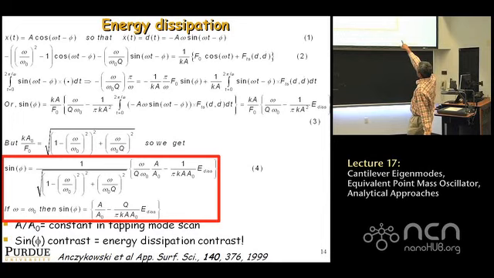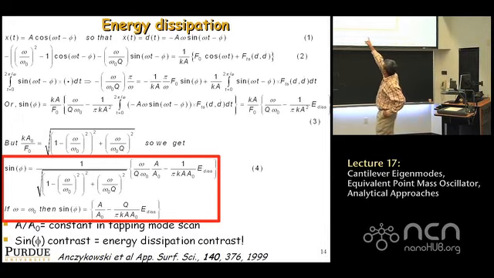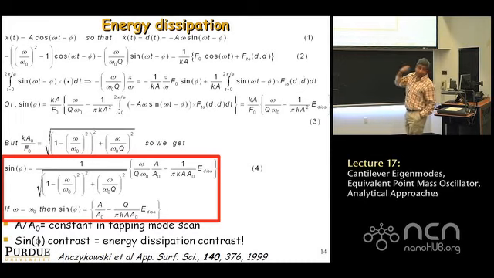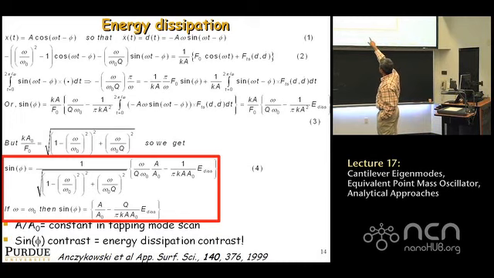You get negative omega over omega 0 Q times pi over omega equals this quantity on the right-hand side. You can rearrange that a little bit and write the expression for sine of phi as KA over F0, where F0 is the magnitude of the forcing, times omega over, in curly brackets, omega over Q omega 0 minus 1 over pi k squared times the integral.